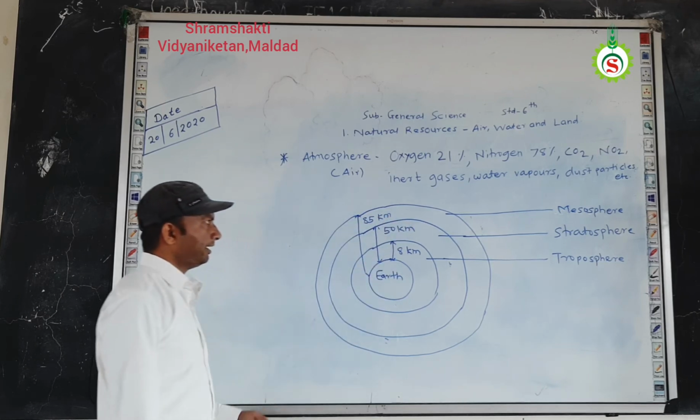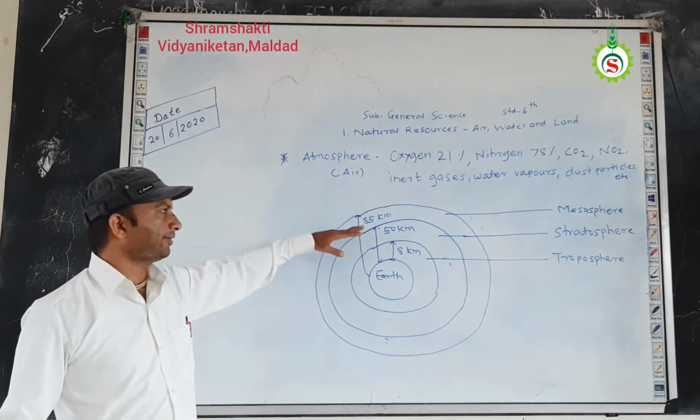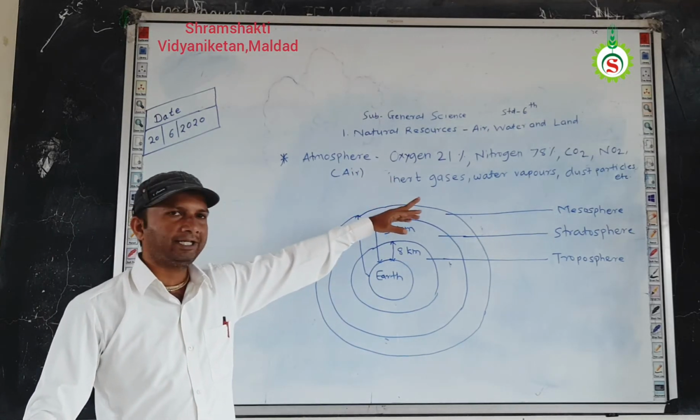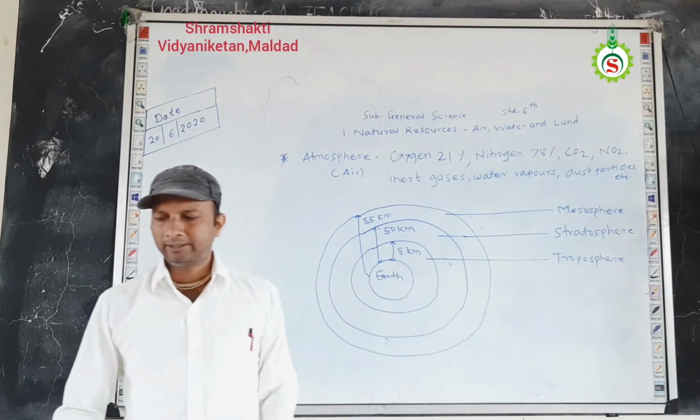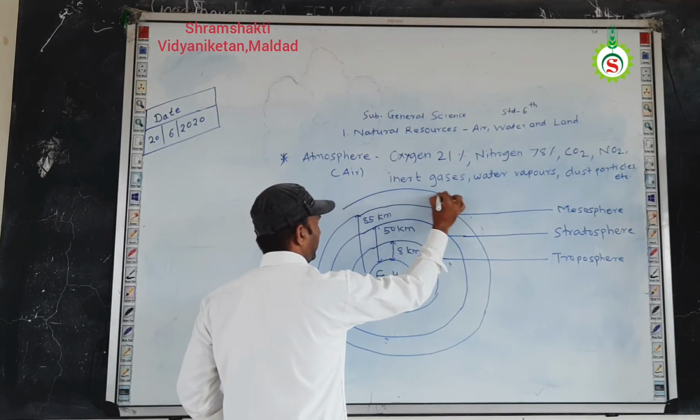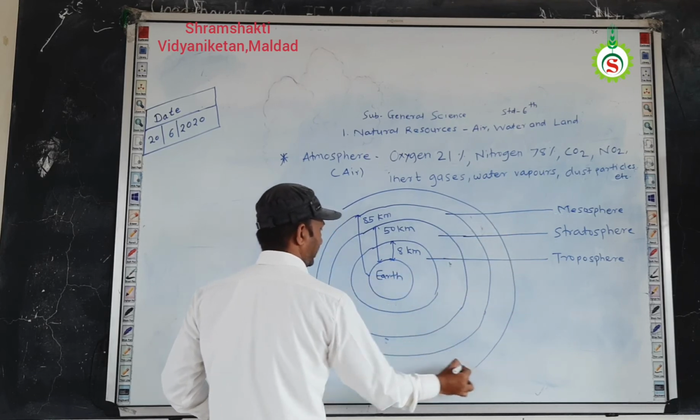Means the area from Earth's surface up to 85 kilometers upside in the atmosphere is covered by which layer? Mesosphere. Understand? Then above that mesosphere, one more layer is present.